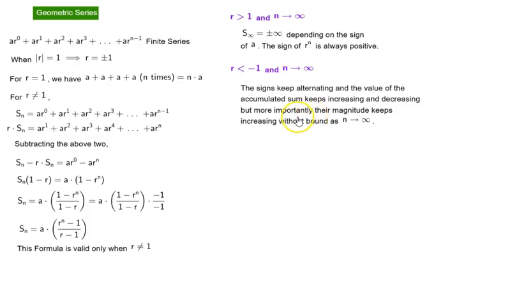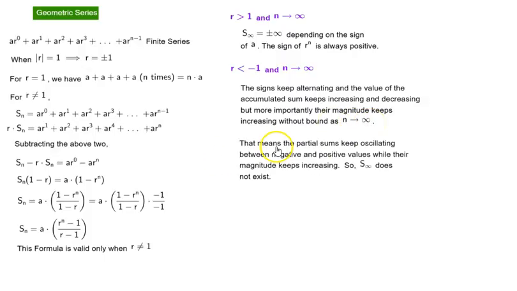But more importantly, their magnitude keeps increasing without bound as n goes to infinity. That means the partial sums keep oscillating between negative and positive values while their magnitude keeps increasing. So S sub infinity does not exist.